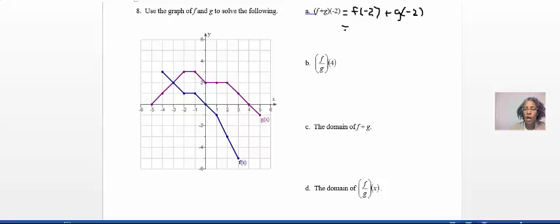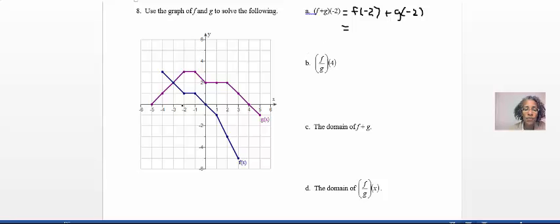And those are just the y value on f that corresponds to an x of negative 2, added to the y value on g that corresponds to an x of negative 2.